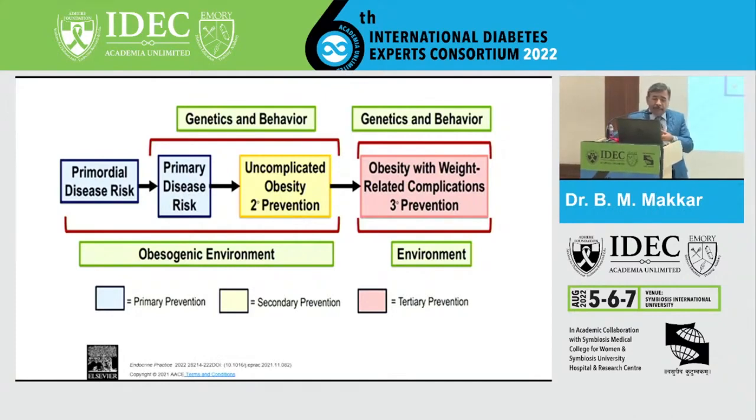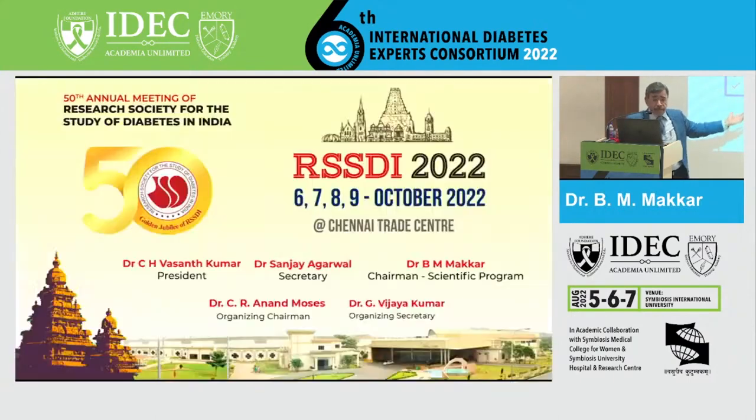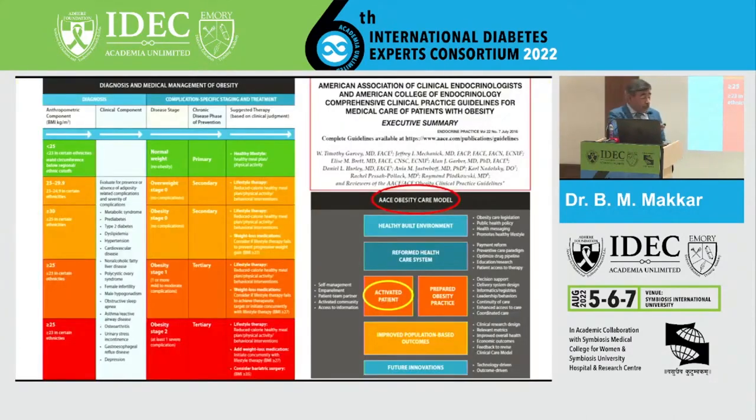So this slide gives you all kinds of measures that are thought of in primordial prevention or primary prevention. In secondary prevention, you have to advise them weight loss to the tune of 10%. If you have complications in place, maybe you need to give them more weight loss. So this is the algorithm for staging which is proposed.